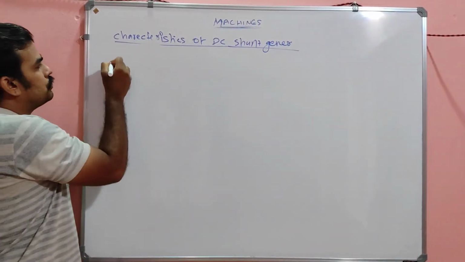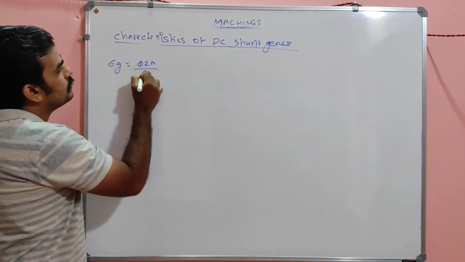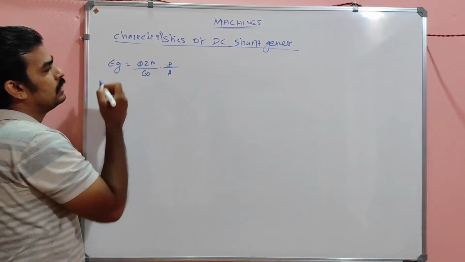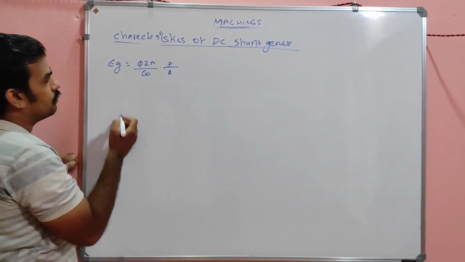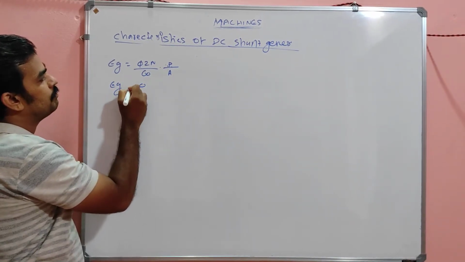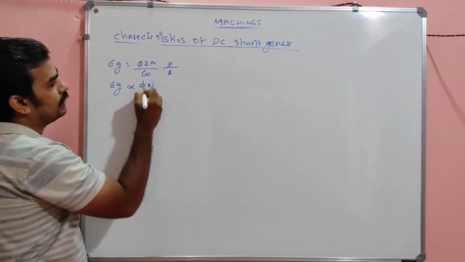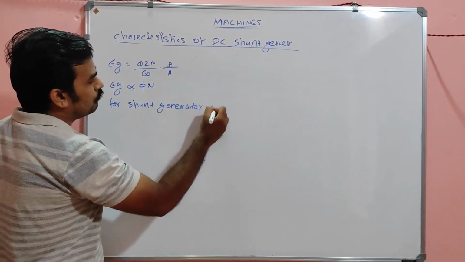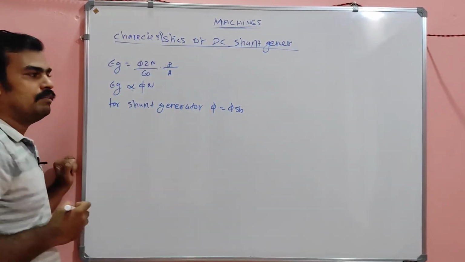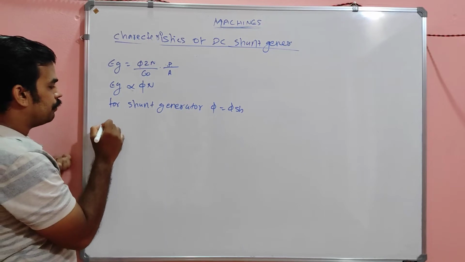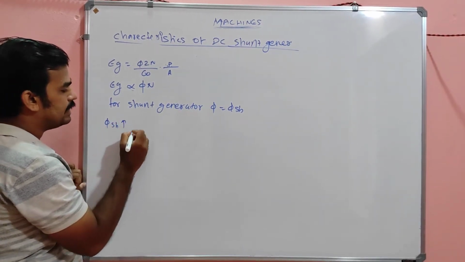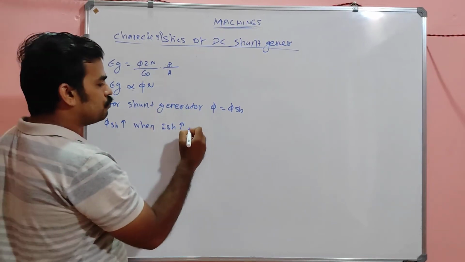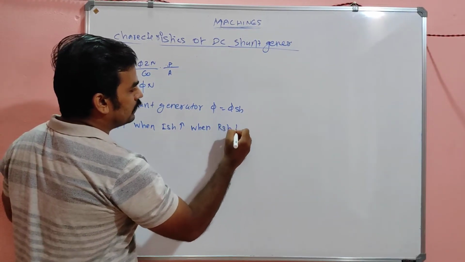We have the equation of induced EMF as EG equals phi Z N by 60 into P by A. Z, P, A, 60 are all constant, so EG will be proportional to phi into N. For a shunt generator, phi equals phi SH. This phi SH increases when ISH increases, and ISH increases when RSH decreases. Am I correct, my dear?